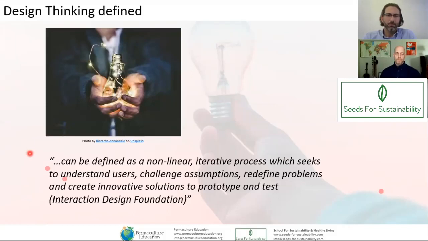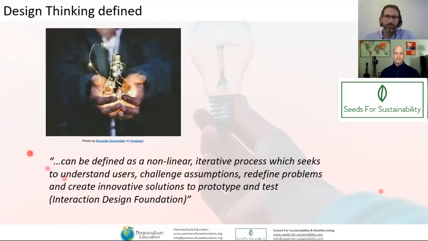We'll talk about design thinking, and that term has been very popular recently. It has started to be very particular to the field of product development, to physical products.